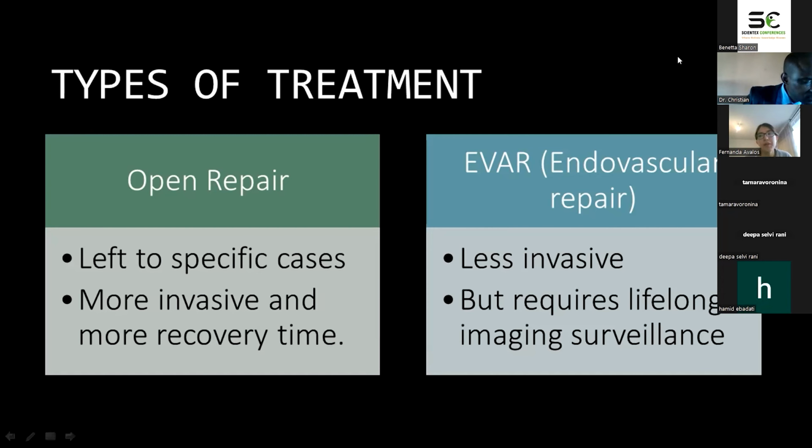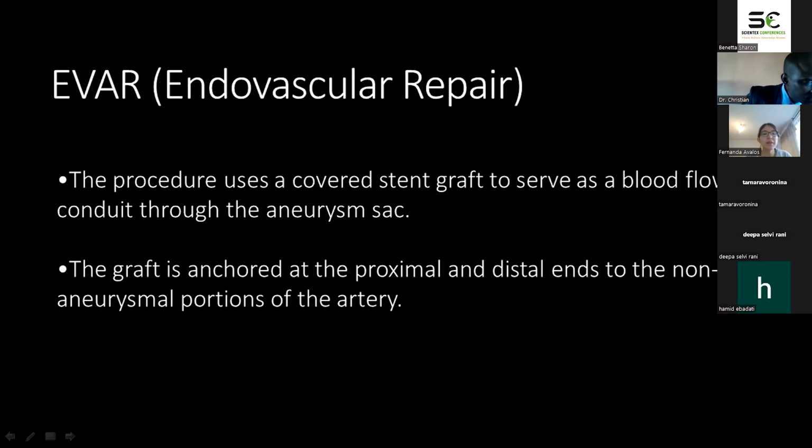For example, here in Ecuador, we don't have many doctors who perform this procedure, so it's really, really expensive. The endovascular procedure uses a covered stent graft to serve as a blood flow conduit through the aneurysm sac. The graft is anchored at the proximal and distal ends to the non-aneurysmal portions of the artery.